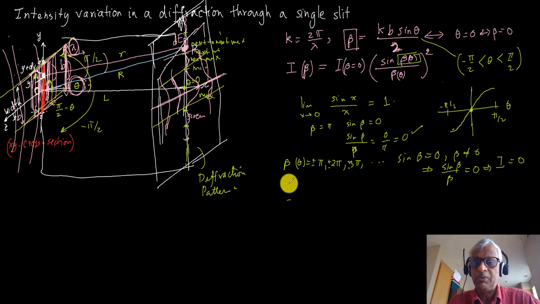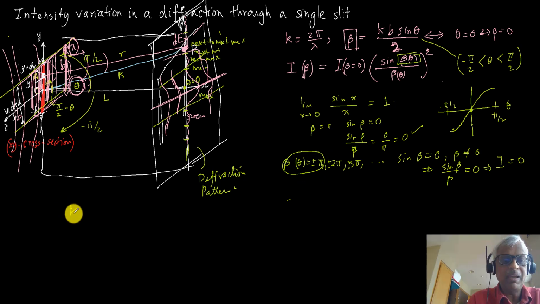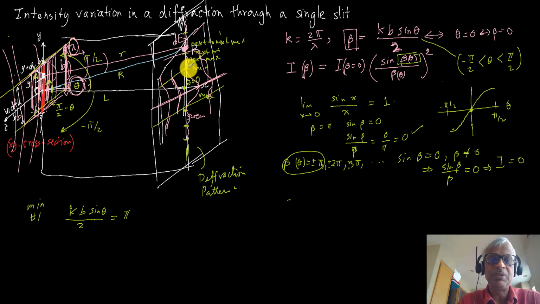Okay, let's look at one of these. We have kb over 2 sine theta equals, say, pi. So this is minimum number 1. We're looking at that particular minimum, that direction. What is the theta that corresponds to that? k will be 2 pi over lambda.